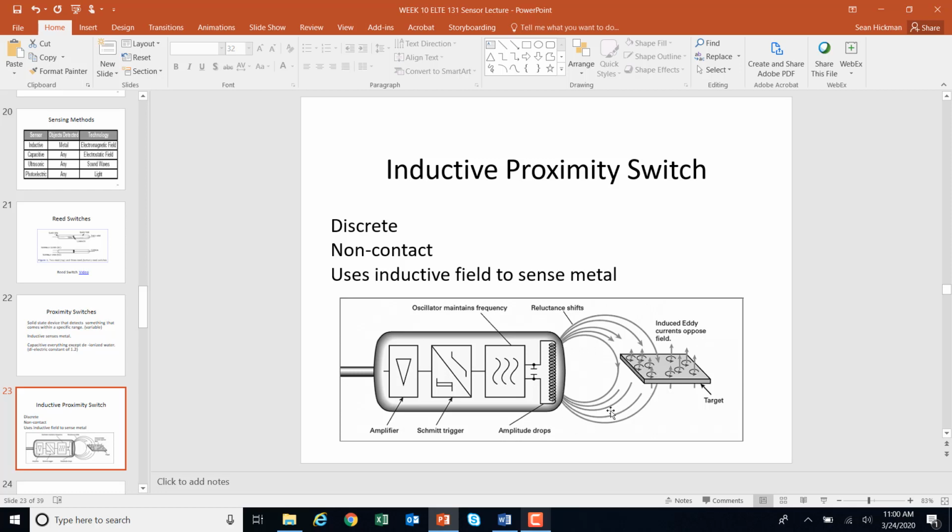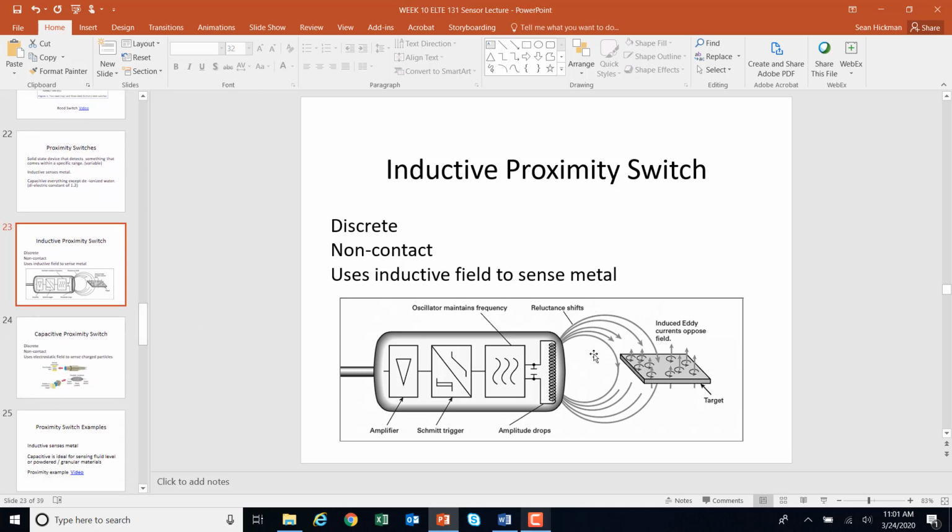That is going to affect the strength of this field. The sensor understands that the field is being affected, that means there's some metal in the way, and then it trips, saying, hey, I've got metal in the way, okay? So it works on that magnetic field, that inductive field, to sense metal. Like I said, similar to what we did with a transformer.